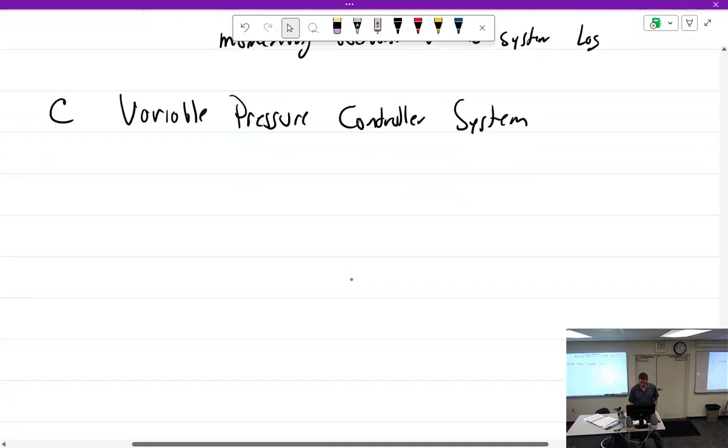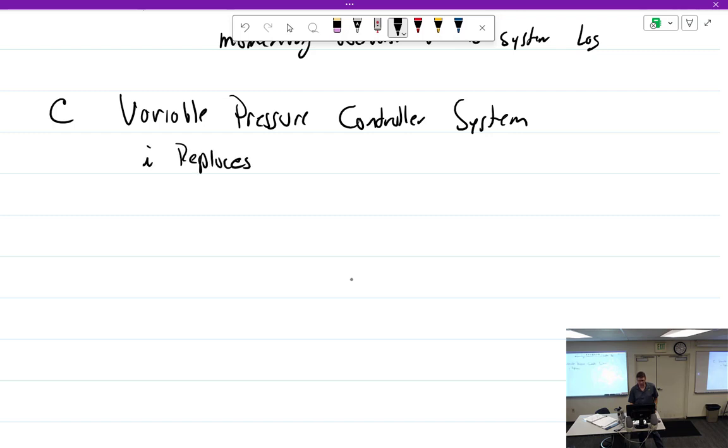So that replaces the density differential system. Now you just have one controller.